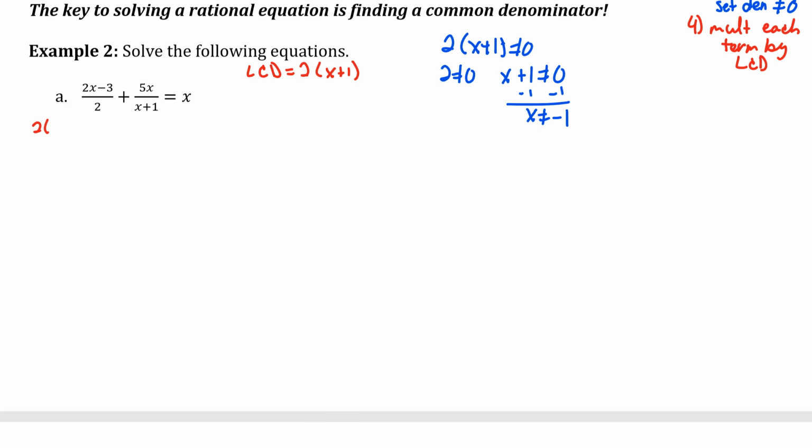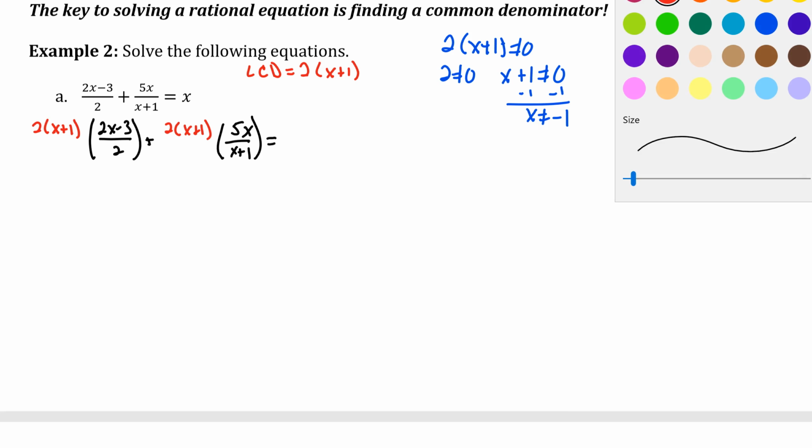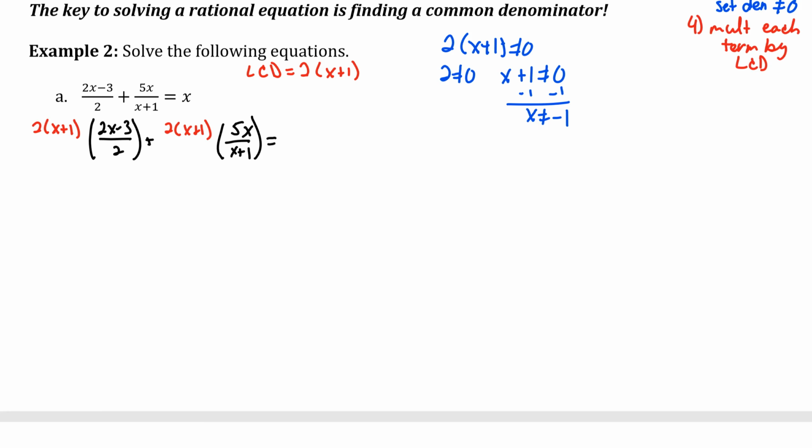So we're going to do 2 times an x plus 1 times that 2x minus 3 over 2 plus, notice I'm just bringing down that information. I'm going to have 2 times an x plus 1, because I've got a new term here, times the 5x over x plus 1 is equal to, notice here I've got to multiply the other side of my equation by this LCD as well.